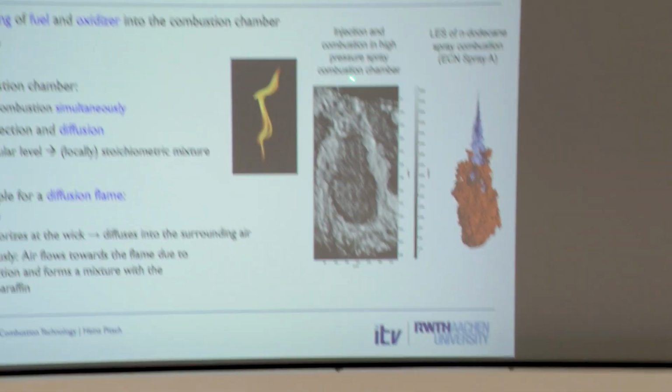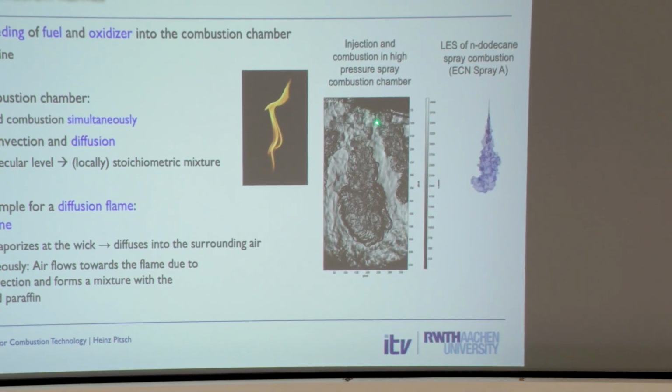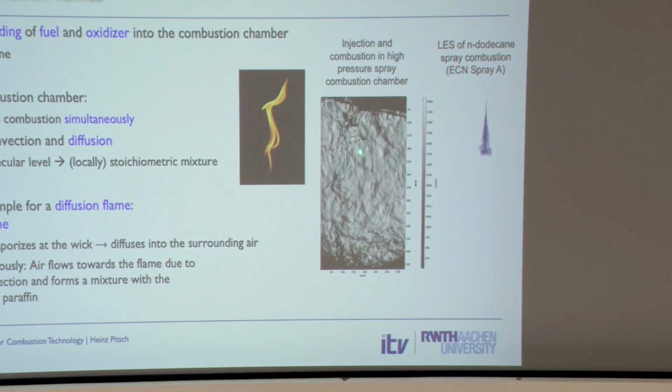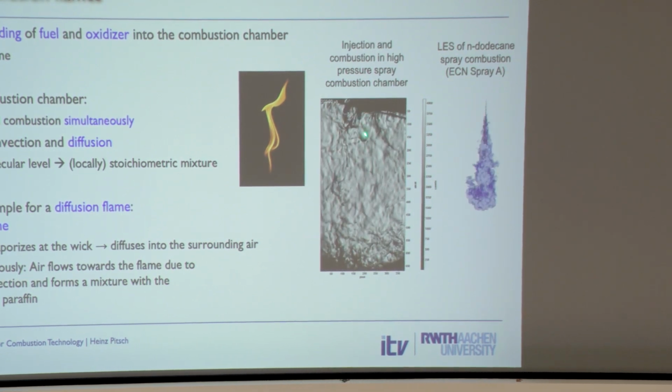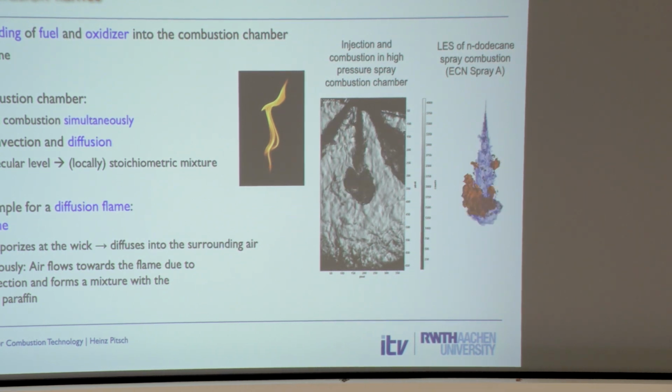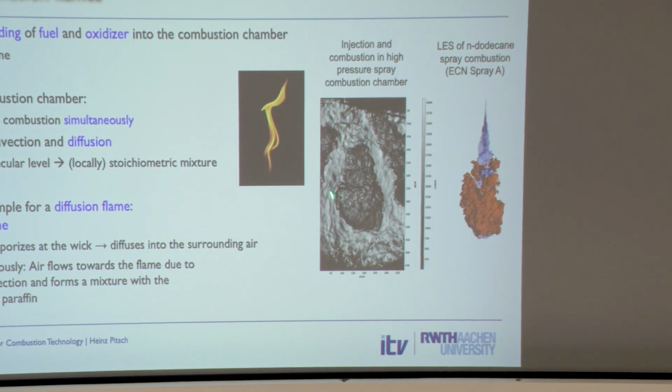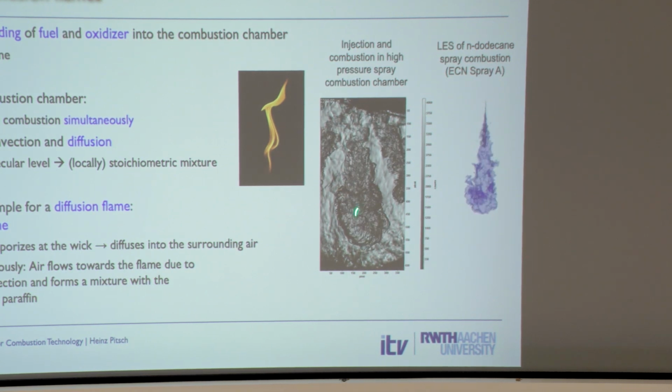The video is a little slow, but you inject the fuel, and it starts evaporating. You first see the liquid come in, it evaporates, and at some point it ignites. Now it ignites, and you see how it burns. You can see where the flame is. We can also use this to get an estimate for soot and so on.